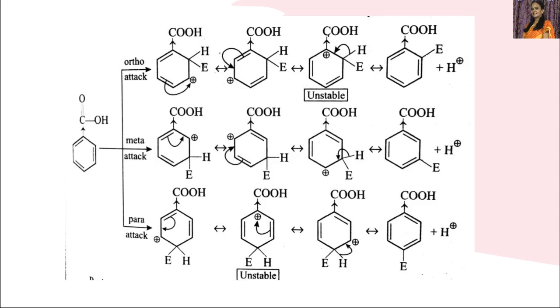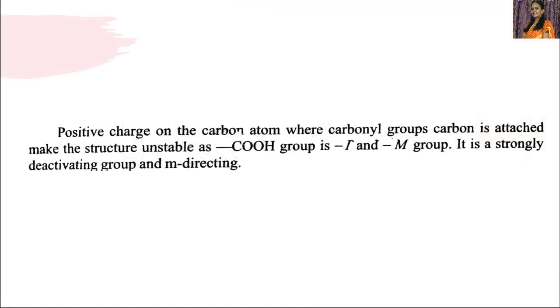Therefore, whenever the COOH group is present as the first substituent on the benzene ring, the incoming electrophile has to go to meta position only. This is the favorable position. So this is about the COOH group. When it is present as a first substituent, the second electrophile has to go to meta position, but not at ortho or para positions. You can see here the explanation.